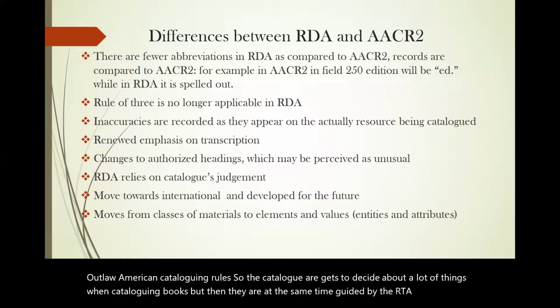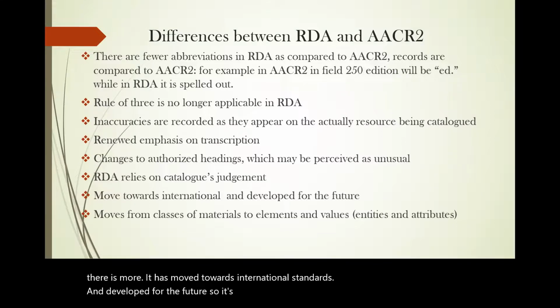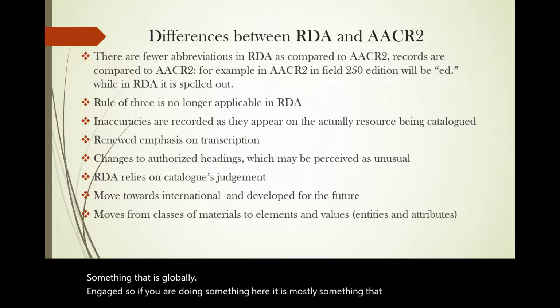So it has moved towards international standards and developed for the future. Unlike Anglo-American cataloging rules, it is something that is globally engaged. So if you are doing something here, it is mostly the same as in another part of the world.